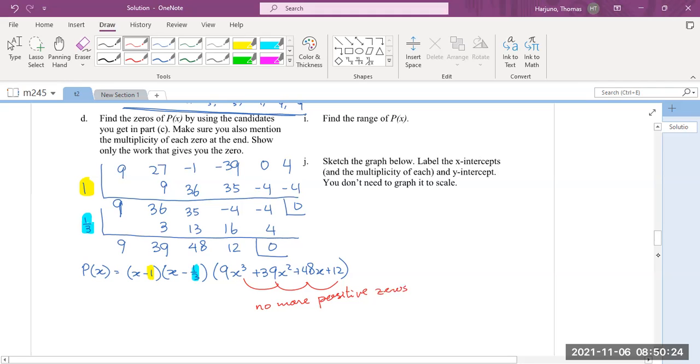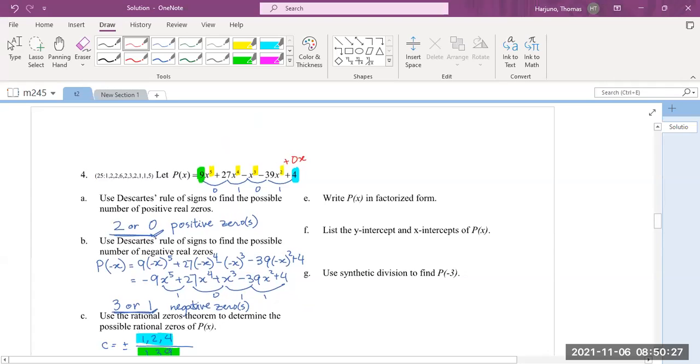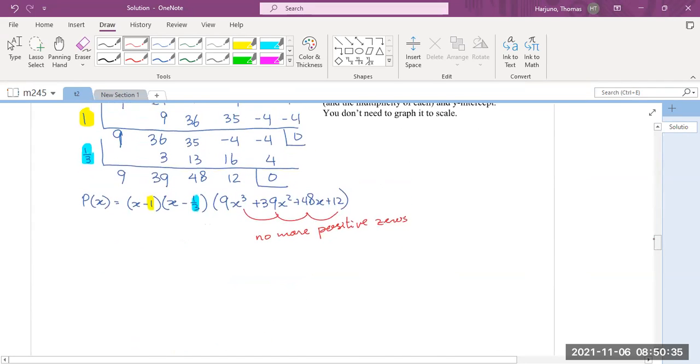At the beginning in question A, according to Descartes' rule of signs, the possible number of positive real zeros was either 2 or 0. We actually found 2 of them, positive 1 and positive 1/3. Now, when we update our remaining polynomial, there are no more positive zeros. So from now on, we will try the negative side.